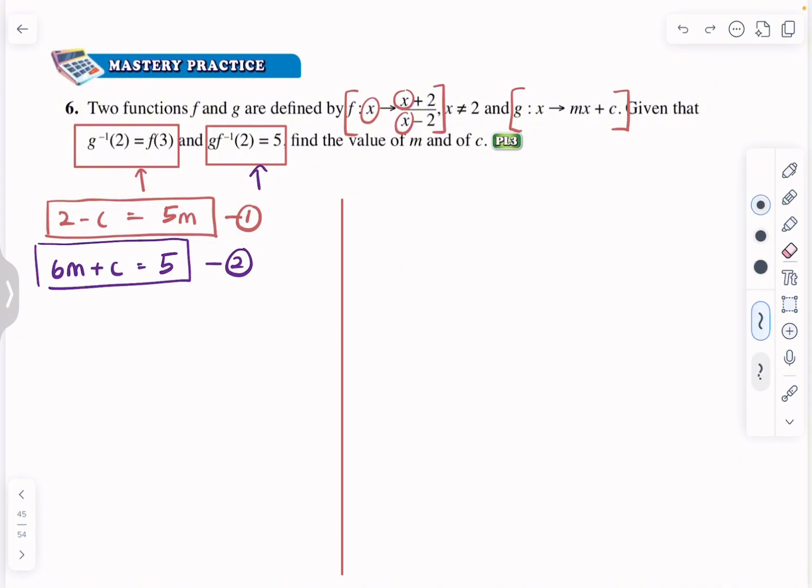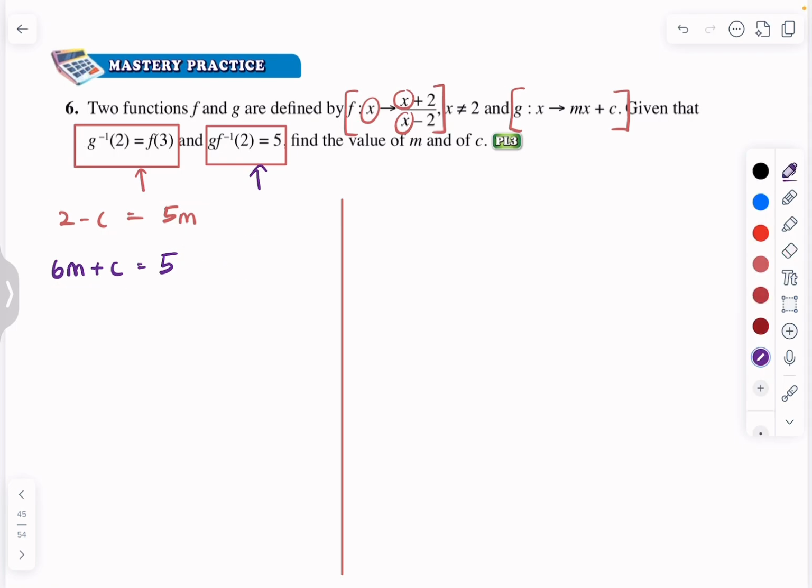Okay, now let's solve these two simultaneously. We erase this first, then we try to rearrange. So from equation 1, we can say 5m equals 2 minus c. So 5m plus c equals 2. The negative c we bring inside here.